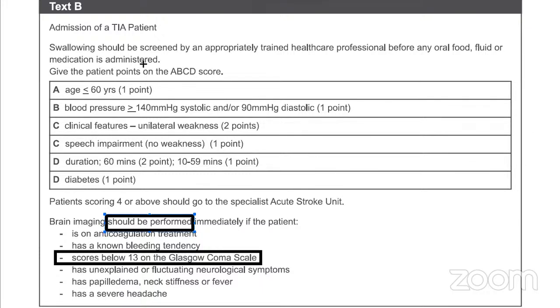Now write the answer. What is the right answer? What should be the answer here? Write down, all of you. Come on. Check and write the answer.